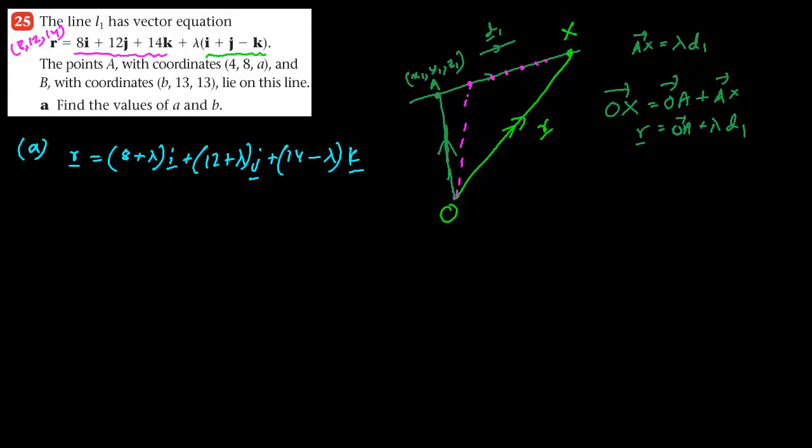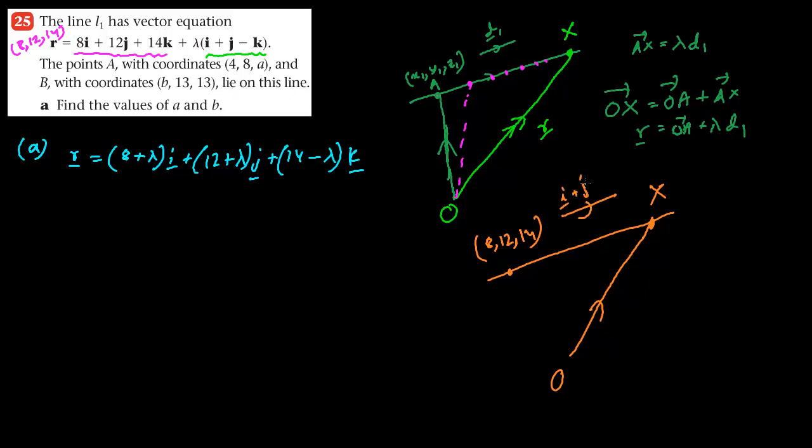What this means basically is that we have a line where this is the position vector, suppose OX, and this line passes through the point (8, 12, 14) and it is parallel to a line whose direction vector is i plus j minus k. That means this line, let me call this point W, so the point would depend on this direction vector multiplied by some constant. So we will know how long this line actually is. So this is a universal position vector.